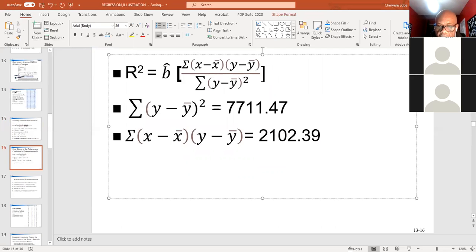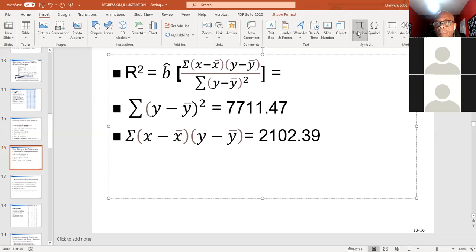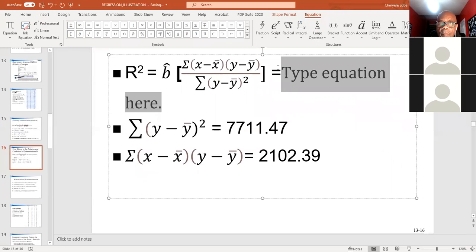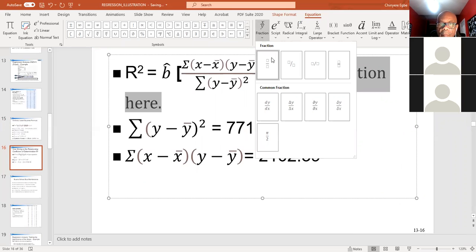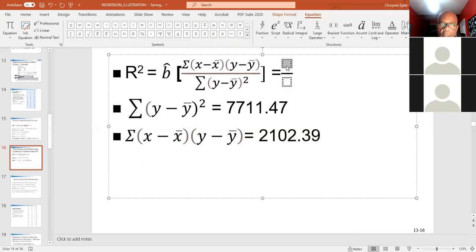And so this is equal to 2102.39 over 7711.47.